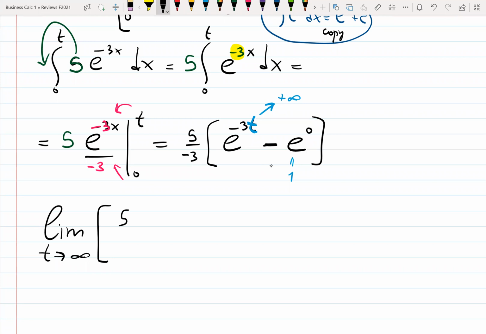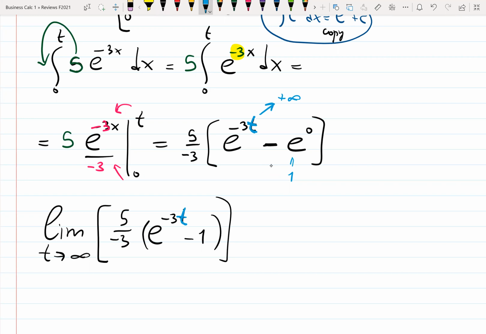Explosion of 5 over minus 3 times e to the minus 3t minus 1, because e to the 0 is 1. 5 over minus 3 does not move anywhere. It's a constant. Minus 1, it's a constant. But e to the minus 3t, now it's a moving object because t goes to plus infinity.